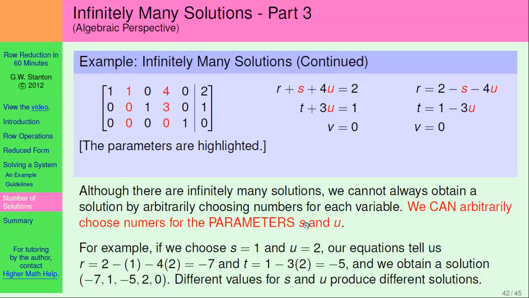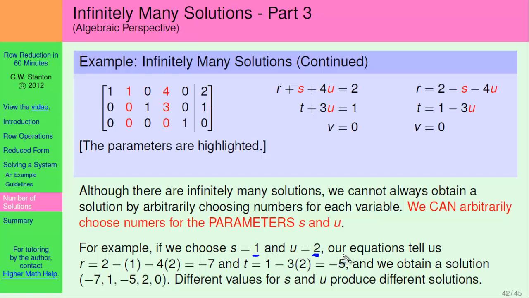For example, let's just choose two numbers randomly, say 1 for s and 2 for u. But we could really just choose any numbers, -7 and 1/2, for example. But let's say we choose these two, s equals 1 and u equals 2.